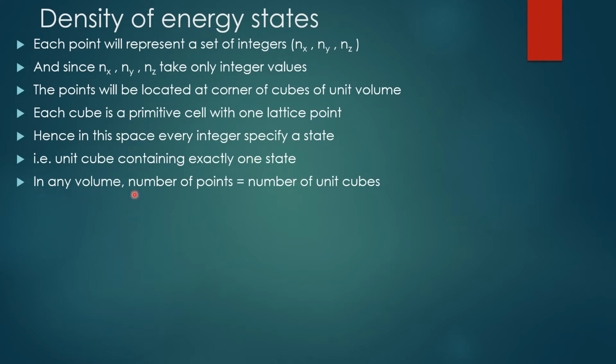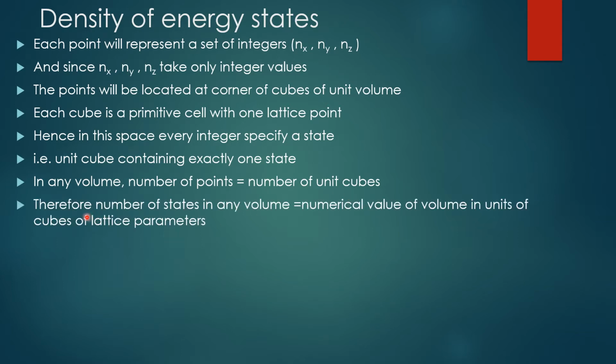In any volume, the number of points is equal to the number of unit cubes. Therefore, the number of states in any volume is equal to the numerical value of the volume in units of cubes of lattice parameters.